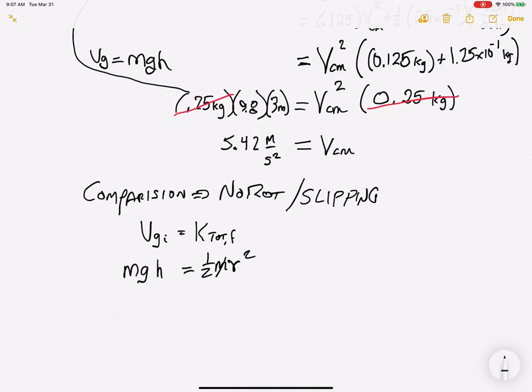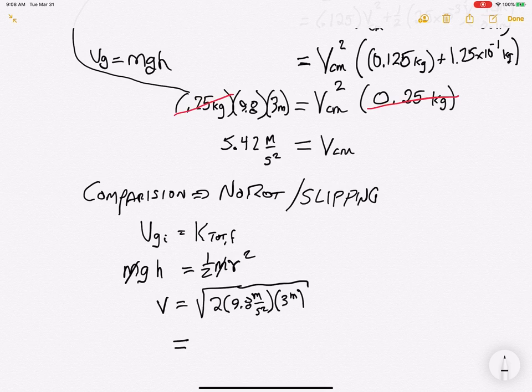Mgh for the initial, the masses cancel out, and I get v is equal to the square root of 2 times 9.8 meters per second squared times a height of 3 meters. This velocity is 7.67 meters per second.